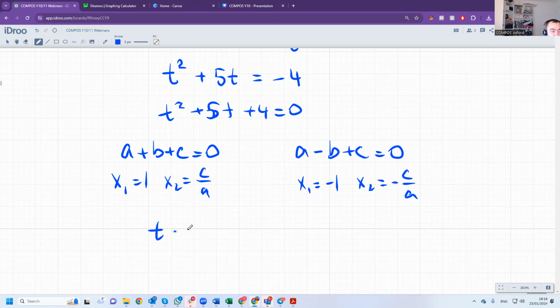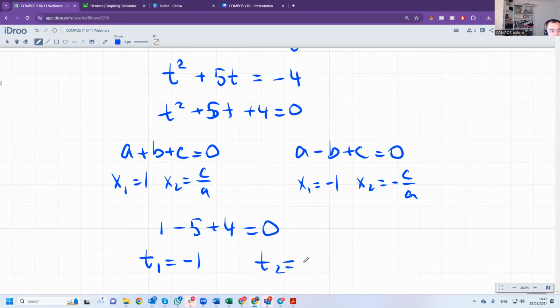Here the coefficients are 1, 5, and 4. So 1 minus 5 plus 4 is equal to 0. Therefore, t1 is equal to minus 1, and t2 is equal to minus 4.